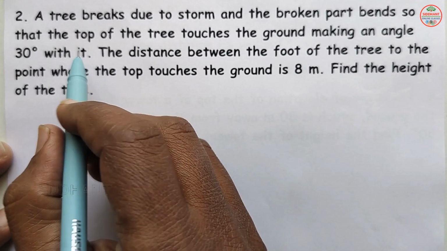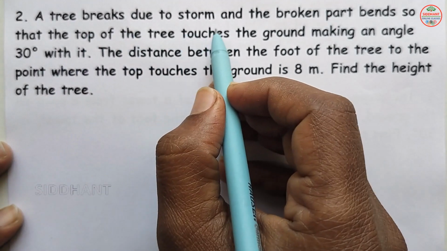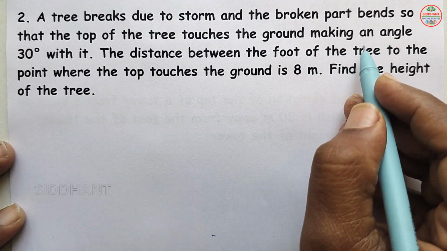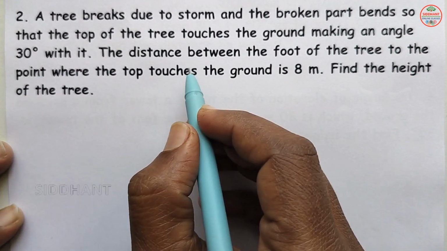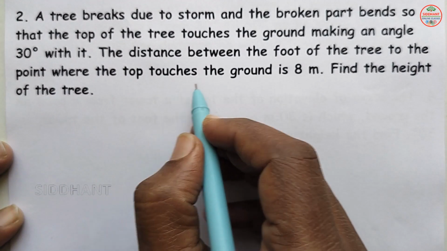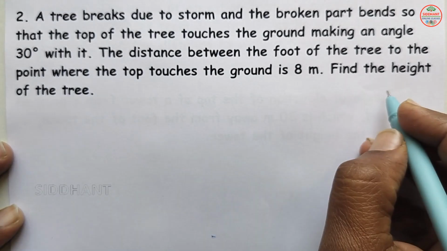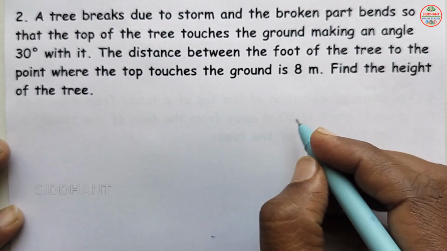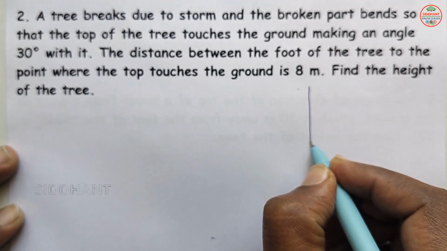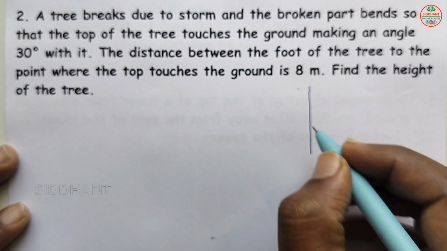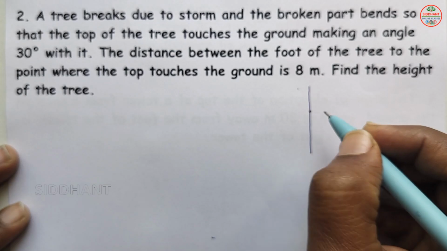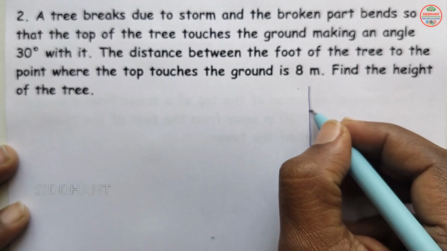Question number 2. A tree breaks down in a storm and the broken part bends so that the top of the tree touches the ground, making an angle of 30 degrees with it. The distance between the foot of the tree and the point where the top touches the ground is 8 meters. Find the height of the tree. So here we see a tree. It bends from here and touches the ground here.